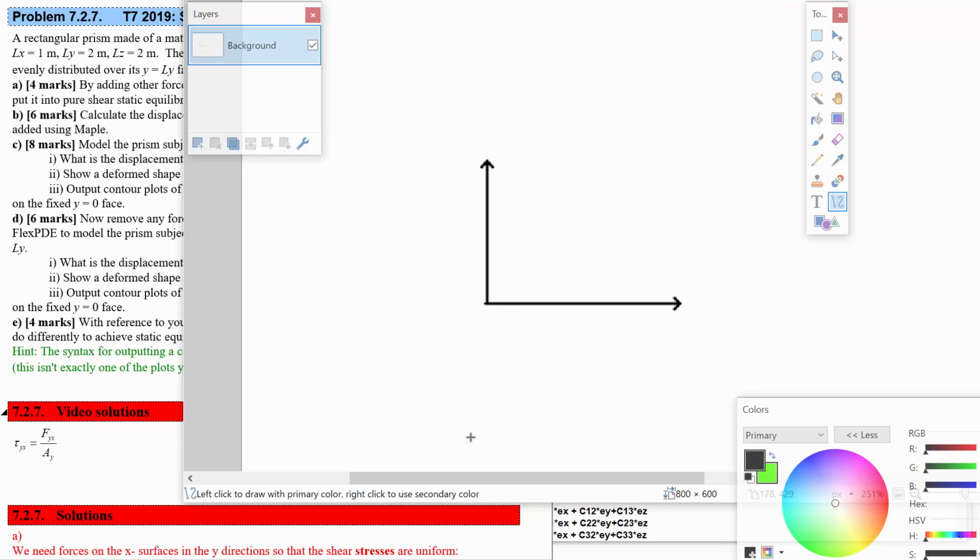So this is going to be x, and that's y there. And we'll draw a rectangle, not as long in x as it is in y. So maybe something like that. It has a length of 1 meter in x and 2 meters in y.